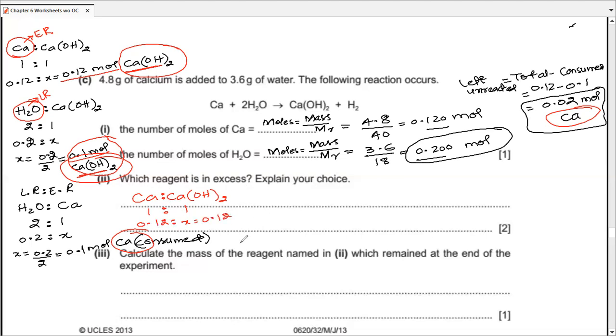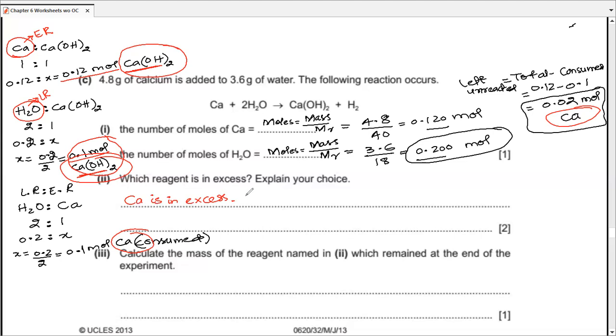But that's not what we are supposed to do. So another good approach: first of all, there are two statements here, excess and this one. So first of all, you need to put Ca is in excess. That is actually the answer to the first part. And then you can explain your choice.